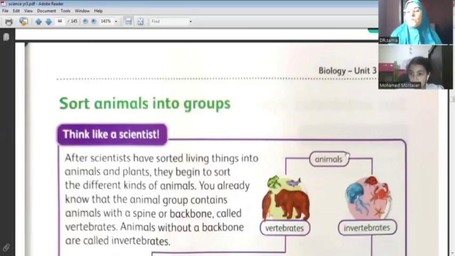Okay. When we try to study animals, Layan, we found that we have a huge number of animals. So we have to classify animals into 2 smaller groups. According to what, Layan? According to a bone. What's the meaning of a bone? A bone called the backbone or vertebral, the spine.